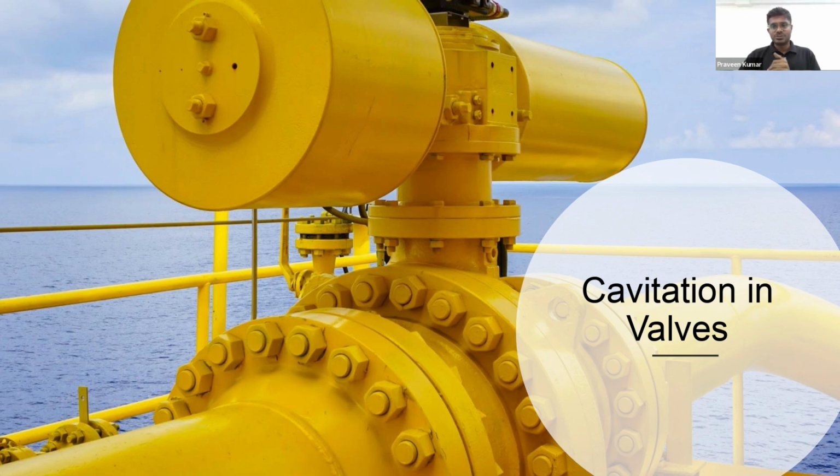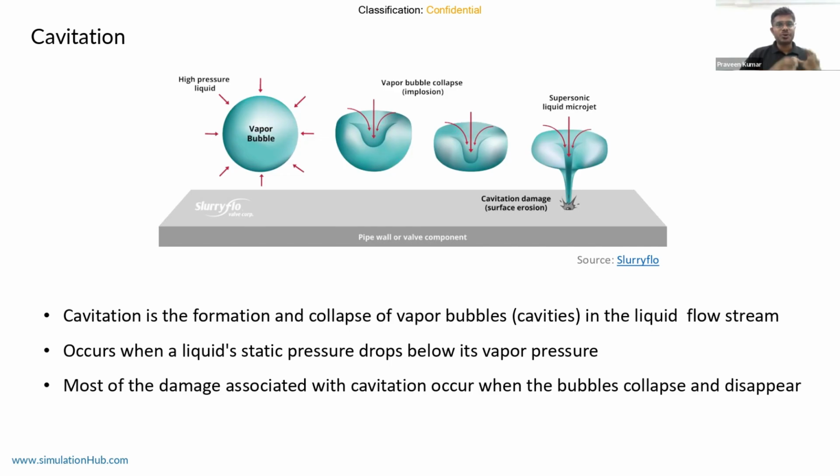Okay, so first we'll start with what is cavitation. Cavitation is a phenomenon where, whenever in a flow stream a liquid's static pressure drops below the vapor pressure of the liquid, a vapor bubble forms, and when the liquid tries to recover the pressure, the bubble implodes.